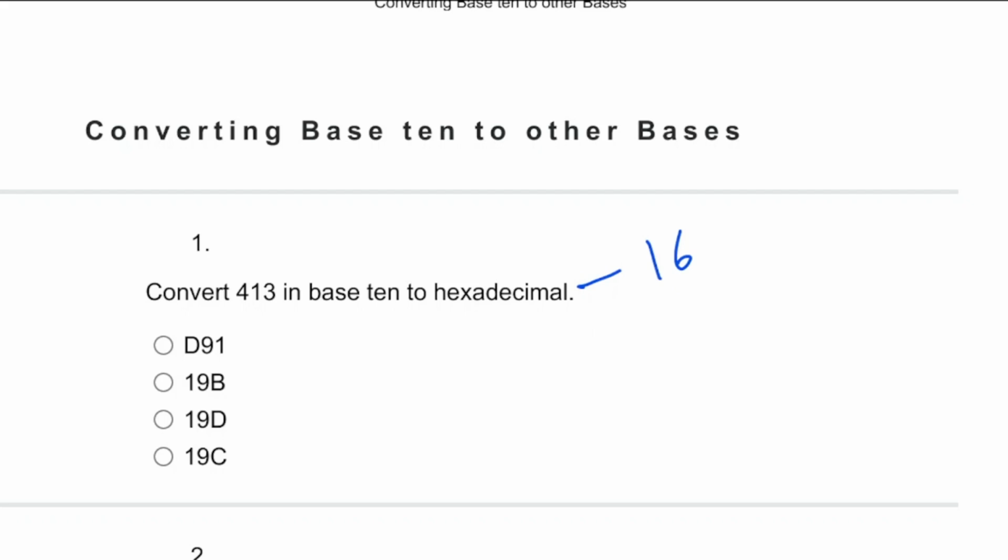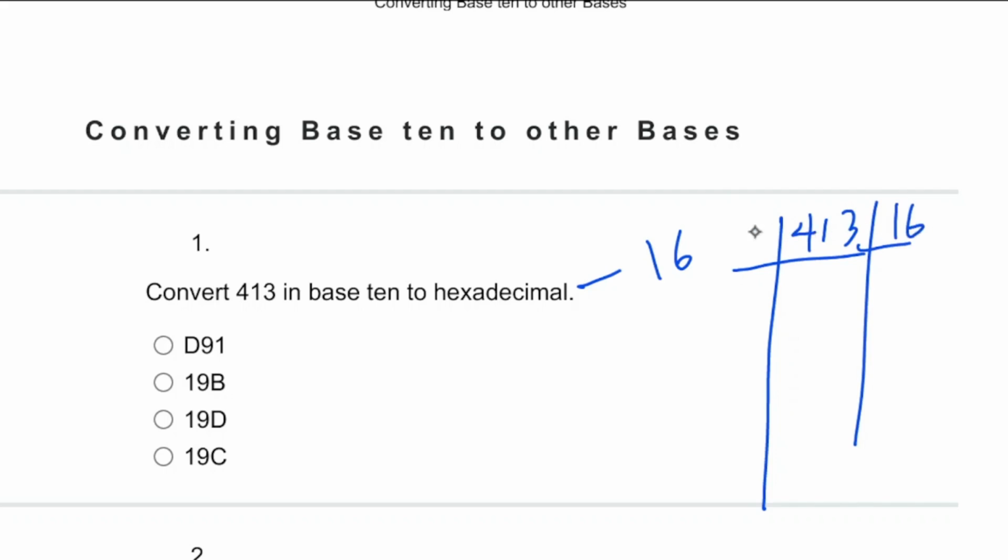How do we convert? We use repeated division that we normally use. So we have 413 here, then we have 16 here, and we have the remainder here. So we now start our division. We first use 413 divided by 16.